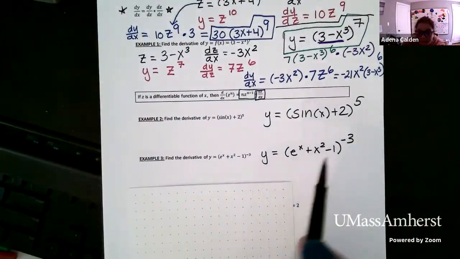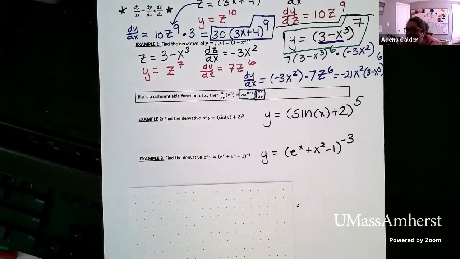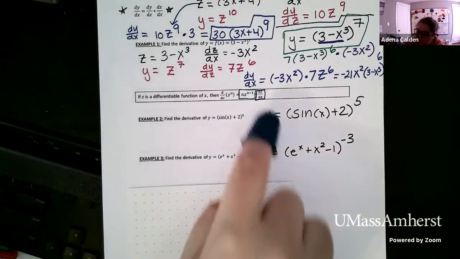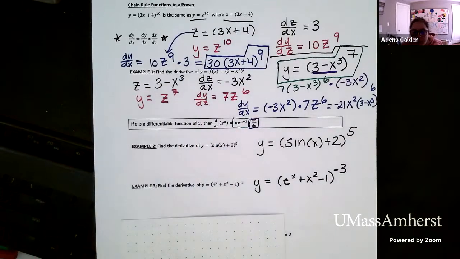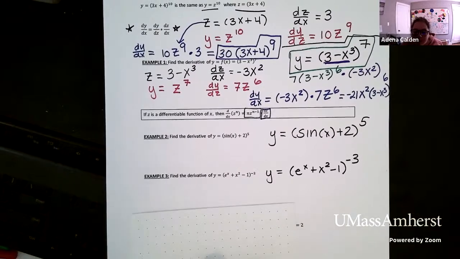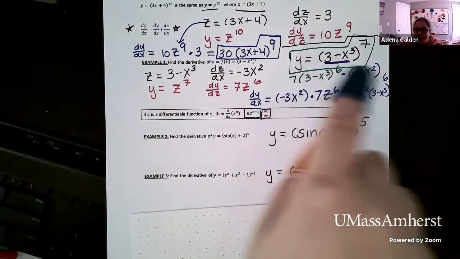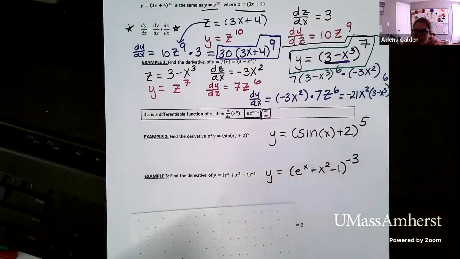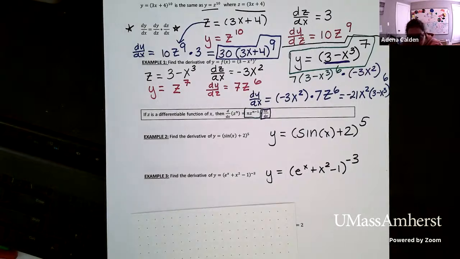Again, we have some base raised to a power. Try those out. I'll give you 2 to 3 minutes. Try it with the shortcut. If you really don't like the shortcut, you can definitely do it with the substitution. Then we will go through these together. These will be good practice in setting these up and seeing more forms of this power rule where we have a base raised to a power.